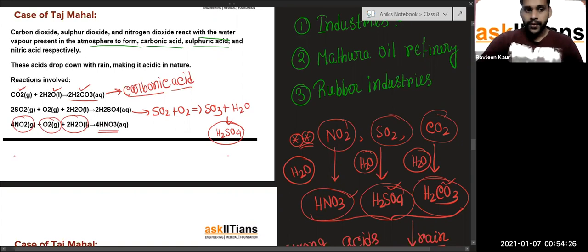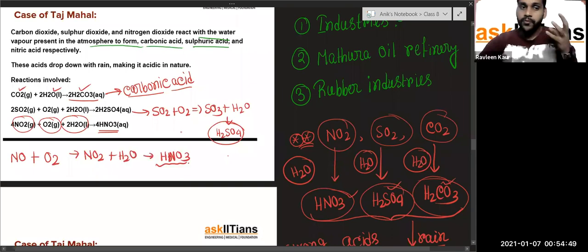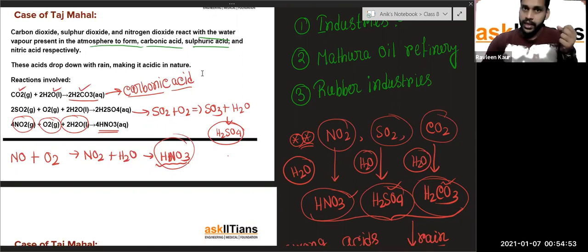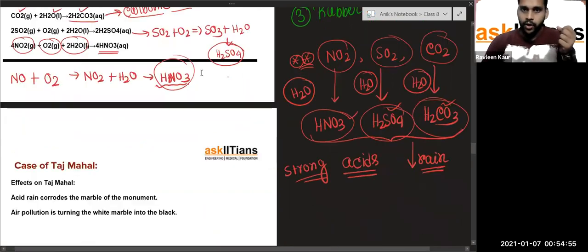Even NO can also make acid rain. How? It reacts with oxygen to make NO2, and this NO2 reacts with water to give you HNO3. So these are the main ways through which these pollutants pollute the air surrounding us. Okay, got it?